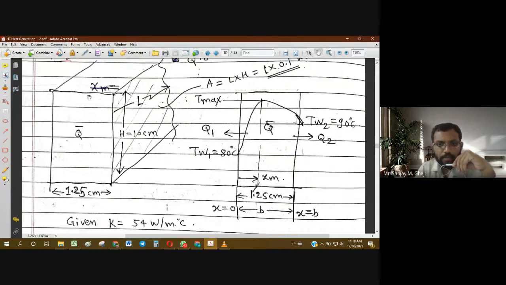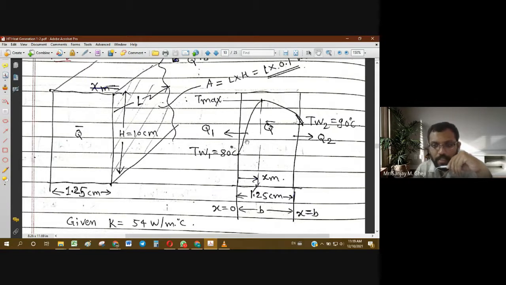If you look at the cross section, we'll take the cross section and deal with the one dimensional heat transfer like this. There is internal heat generation q bar with uniform volumetric rate per unit volume, and the conditions given are like this: on one face, tw1, the wall temperature, is 80 degrees Celsius, and on the other face the wall temperature is 90 degrees Celsius.